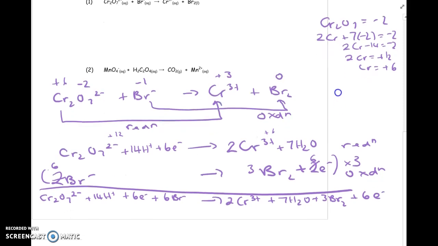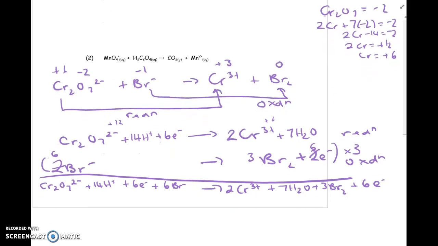I now need to cancel out anything that needs cancelling, and I can see here that this has 6 electrons here and 6 electrons here. Everything else appears to not cancel, so now I'm going to rewrite, putting in my state symbols.